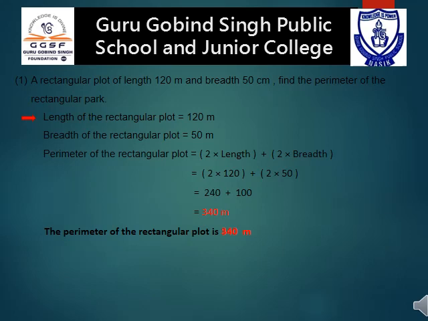The answer is 240 plus 100, and the answer of this addition is 340 meter. So the perimeter of the rectangular plot is 340 meter. So students, here you should memorize or learn the formula of perimeter of a rectangle and square. So it will make it easy for you to solve the examples.